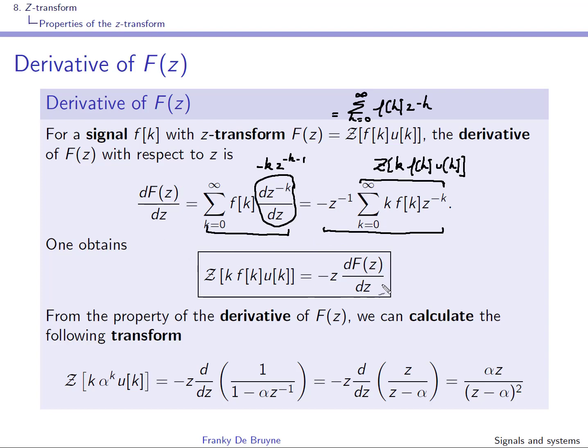So you have to multiply this derivative of F of z by minus z. So from this property of the derivative of F of z, we can compute the z transform of k f of k u of k, knowing the z transform of the sequence f of k u of k.